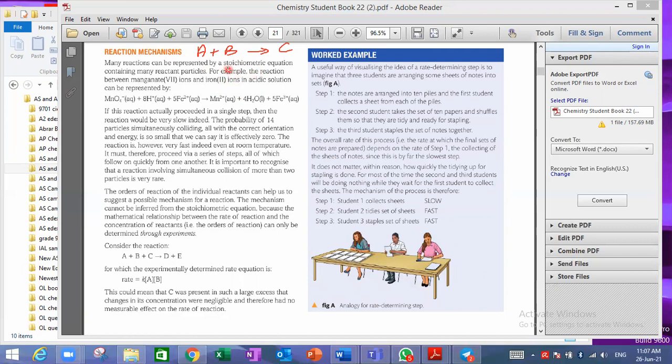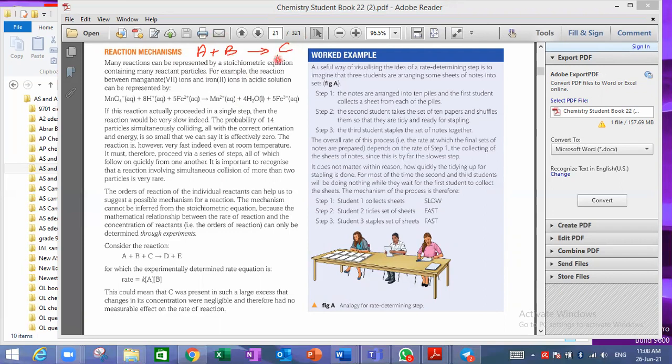And the collision theory stated that for such a reaction to take place, A and B should collide together with proper orientation and with energies enough, which is equal to or greater than what we called the activation energy, in order to form the product C.